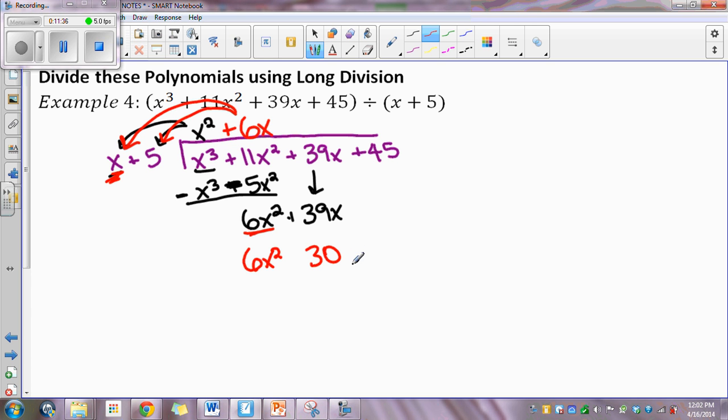And subtract. And when you do that, you are left with positive 9x. Carry down your last term, plus a 45.